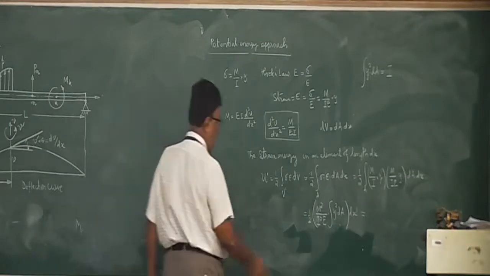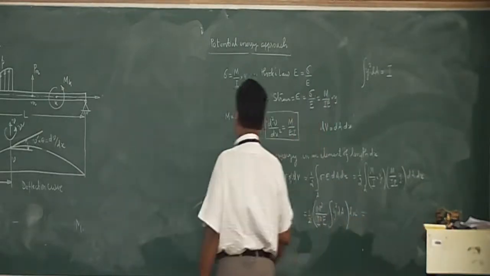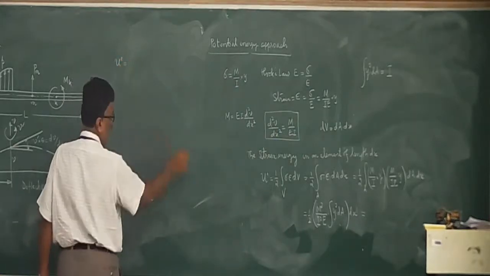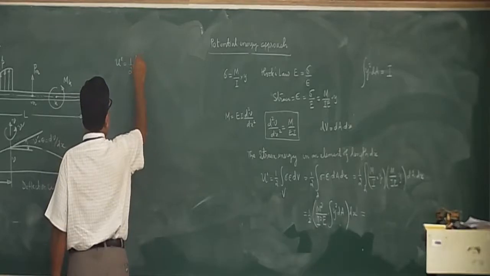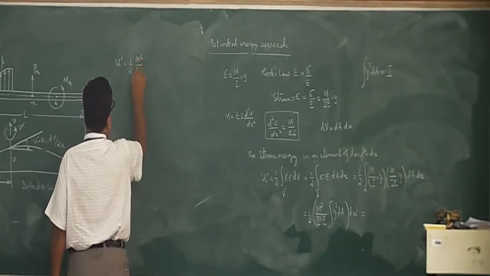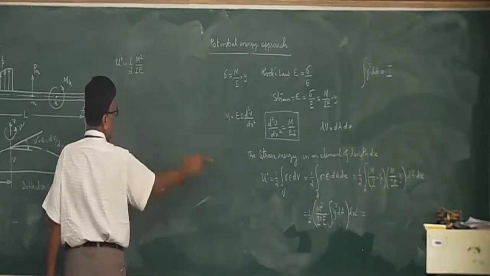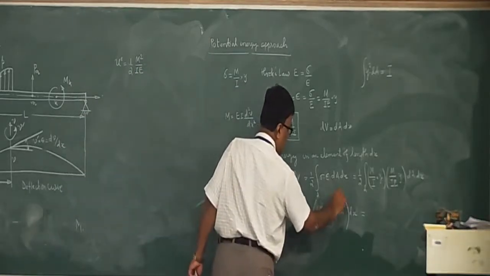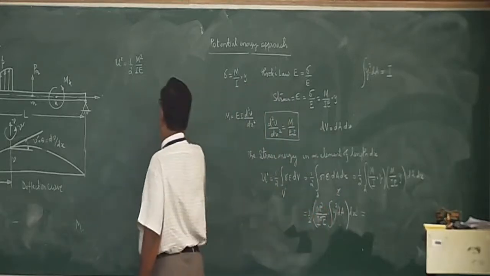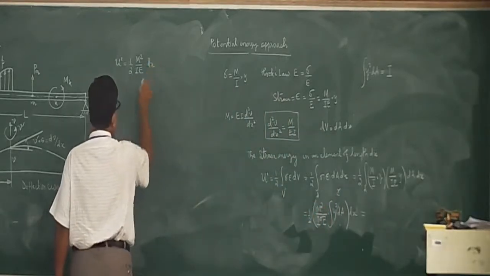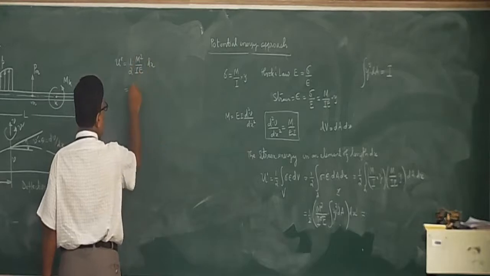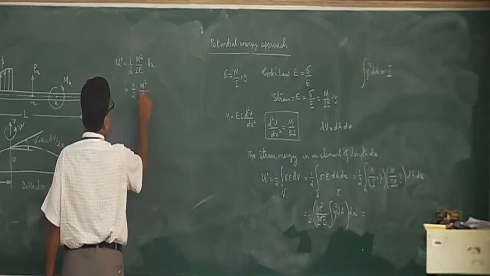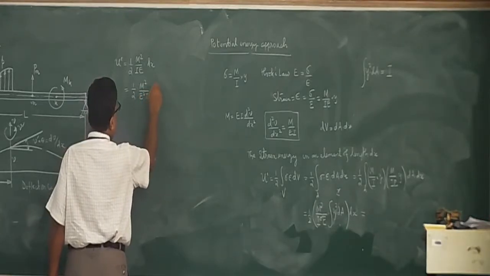Yes. See this, I can modify it as UE. This is the elemental level. Of course, UE is equal to half M square upon IE now, because one I gets cancelled with this I, into dx. So here what I will do is, I will take this M square, I will multiply and divide by EI.